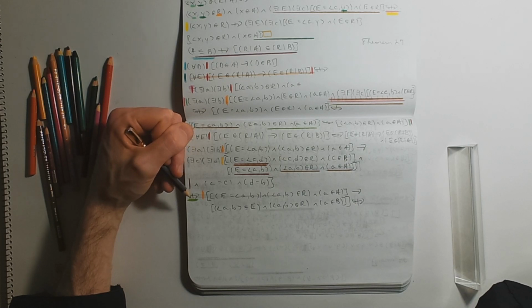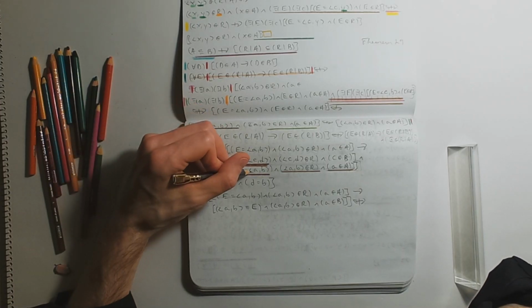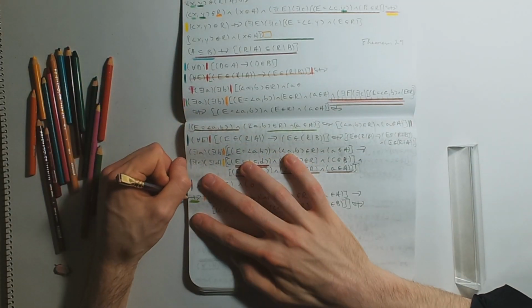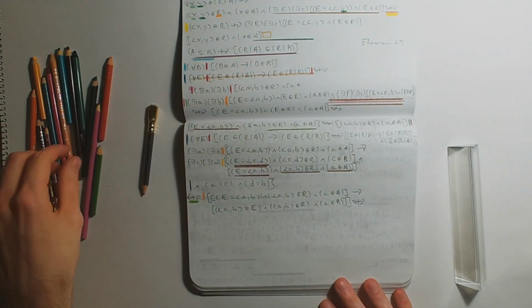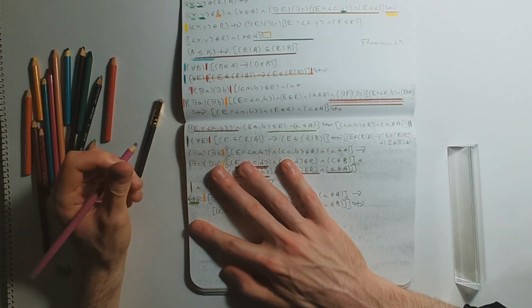It's actually not obvious that we need that down step either, because I could re-extract an and E equals the ordered pair AB, and then from that, yeah, I don't think we need the down step. This is a rough draft.